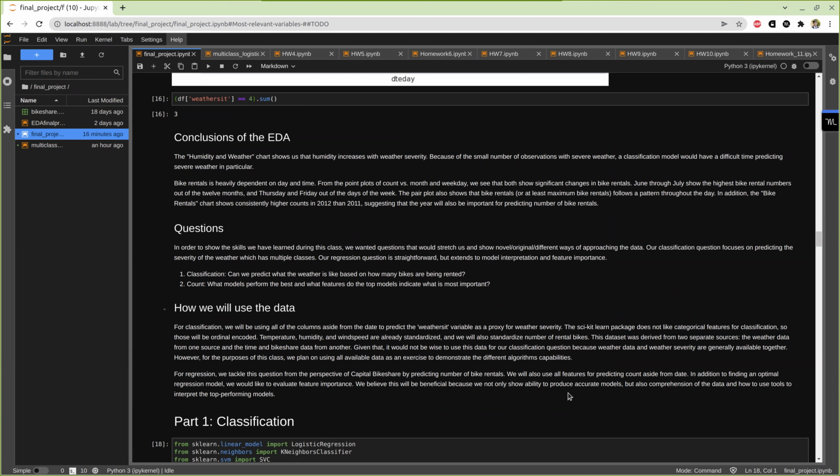And so we came up with a classification question to see if we could reverse engineer and predict what the weather was like based on how many bikes were being rented. And for a regression question, to see what models perform the best, can predict count the best, and to see specifically which features were most important to predicting those.